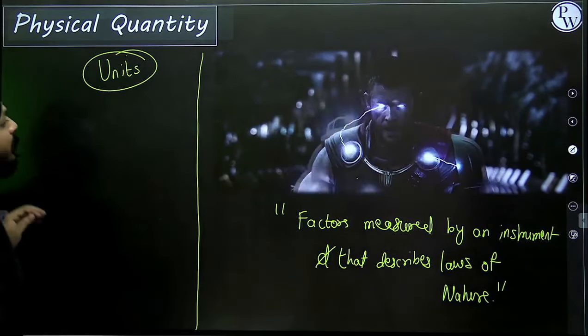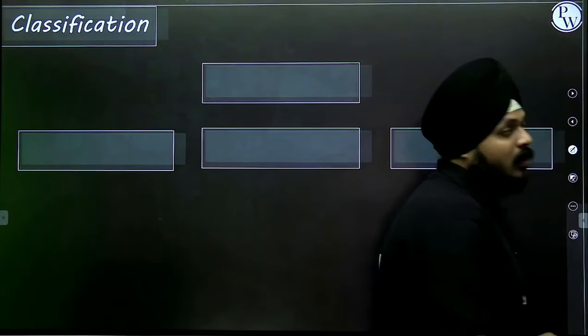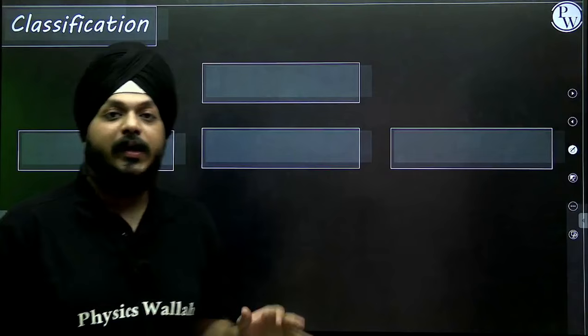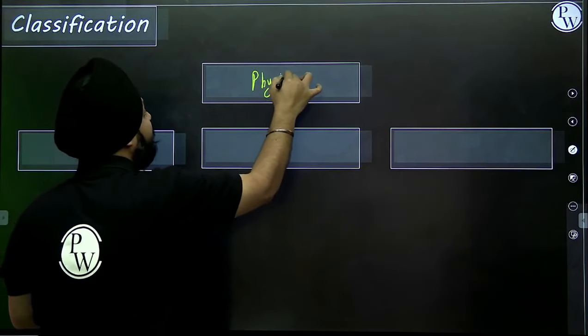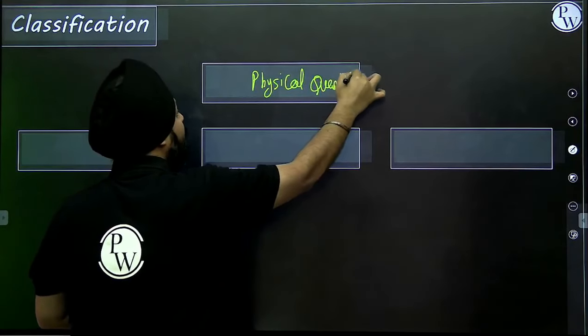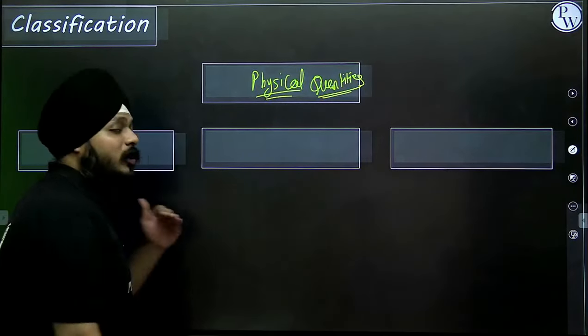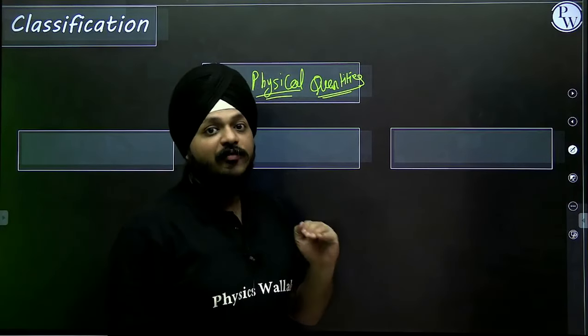Okay. Apart from this, there are classifications of the physical quantities. If I'm talking about physical quantities, they are classified into 2 types. I'm going to ask you all why, and suppose. Slowly, from the basics, we are first going to build the foundation.